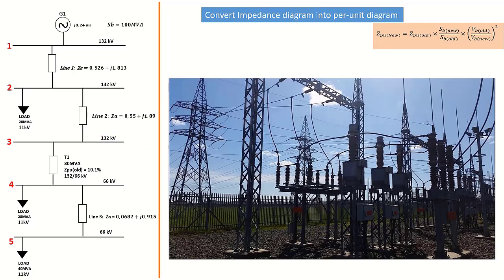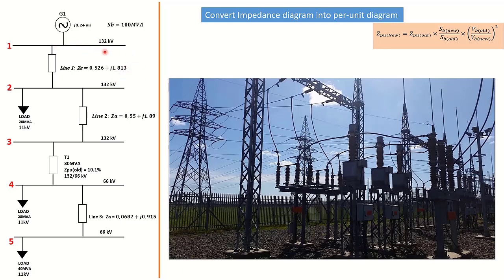Now in this tutorial we want to focus on how to convert this impedance into per unit. Why is it so important to convert the impedance into per unit? Because we will use the per unit values to calculate the entire network impedance and determine what will be the short circuit current for each bus bar.